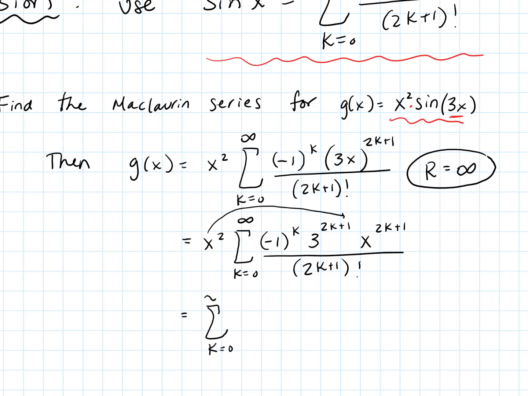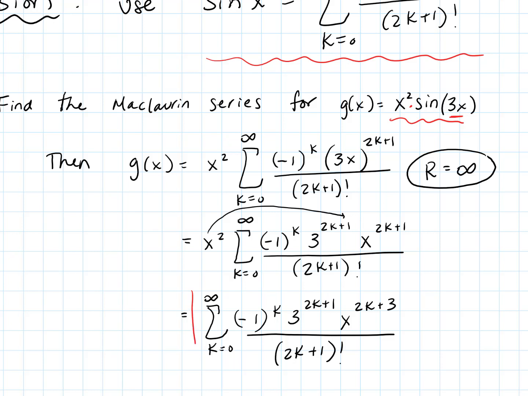So the sum from k equals 0 to infinity of (-1)^k 3^(2k+1) x^(2k+3) over (2k+1) factorial. And that is what our g of x is equal to.